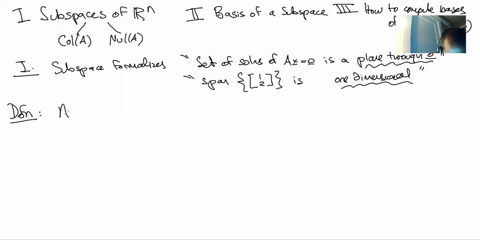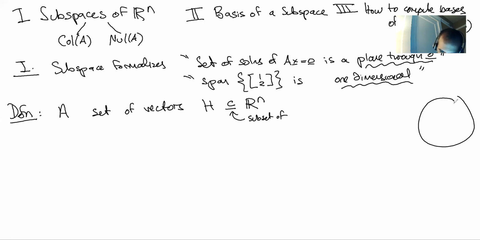Okay, so a set of vectors H, a subset of Rn, and the picture that goes with it is this Venn diagram where there's Rn, and inside here there's H. A set of vectors H subset of Rn is a linear subspace of Rn.